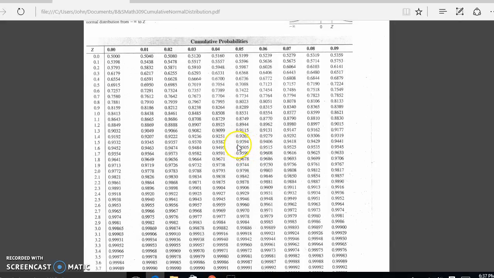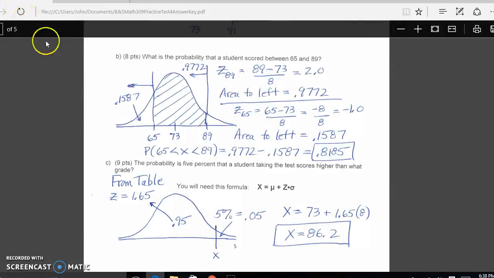This is 0.95, 0.5 a little bit above it, but it'll be good enough. And we notice that the z-score is 1.65. So that is the z-score that corresponds to this area to the left of our value for X.